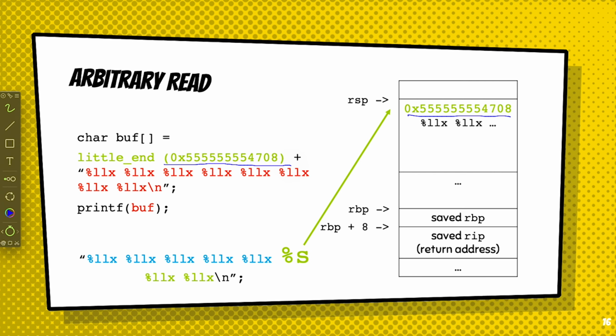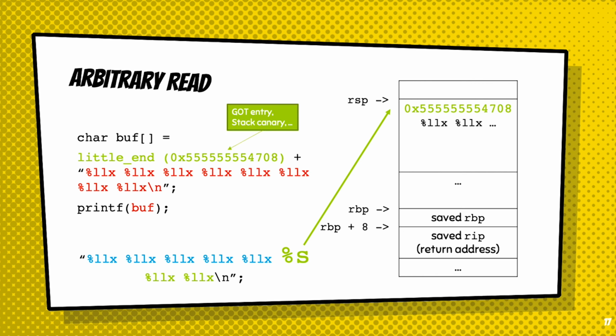However, there is a problem if we just put the address over here. One is that we need to convert this to little endianness, because the ELF is compiled with little endianness. Another issue is that since we need to convert this to little endian, we will have to make sure that there is no 0 character over there.